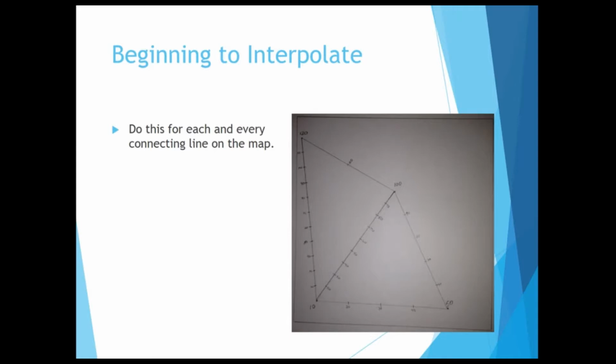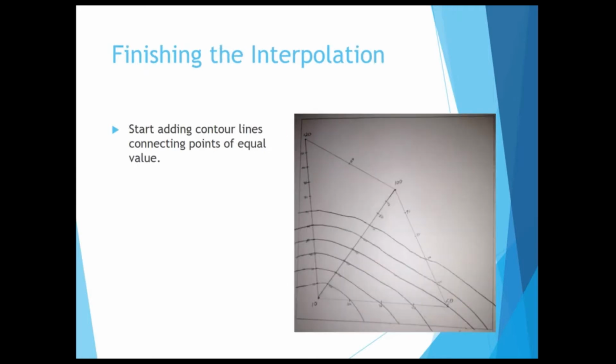We can do that all over the map. The more data points we have, the more accurate it'll end up. The fewer we have, the more we have to calculate. But once we have all of this, we treat our calculated points as if they were real data points.